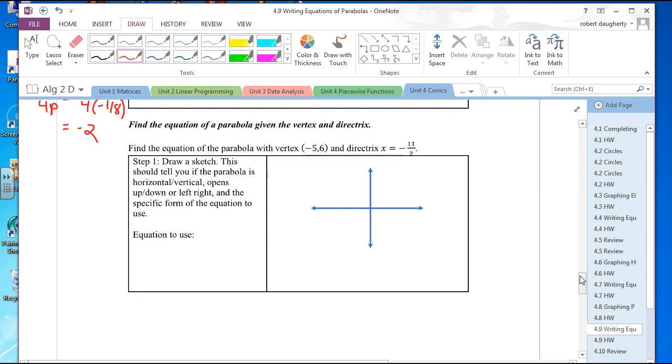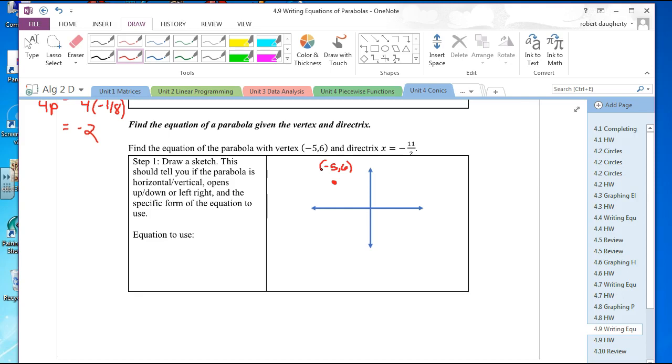So the vertex is at negative 5, 6. What is negative 11 halves? That's negative 5.5. So that means the directrix is going to be to the left of that point.